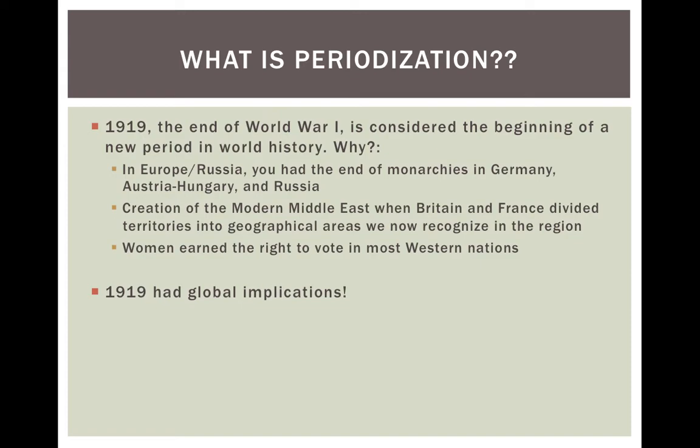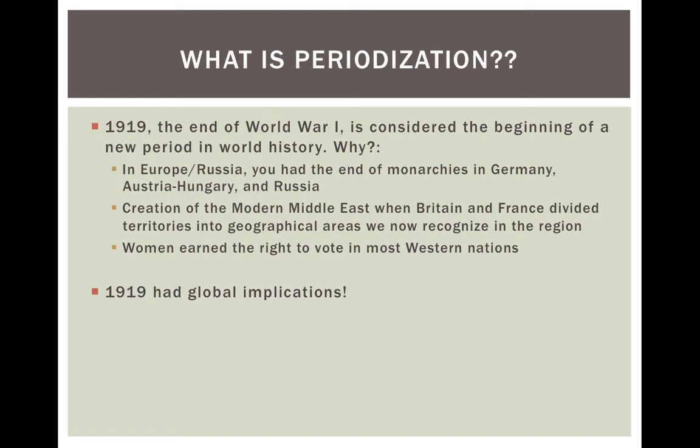If you look at Europe and Eurasia, from Europe to Russia, you had the end of monarchies in Germany, Austria-Hungary, and Russia with the Russian Revolution. In the Middle East, the various treaties at the end of the war basically created the modern Middle East, where dividing up the region into protectorates for Britain and France created the geographical areas that we would now recognize as different nations.